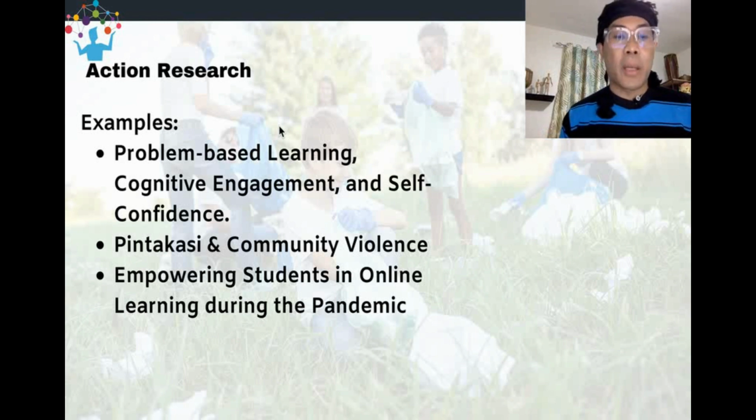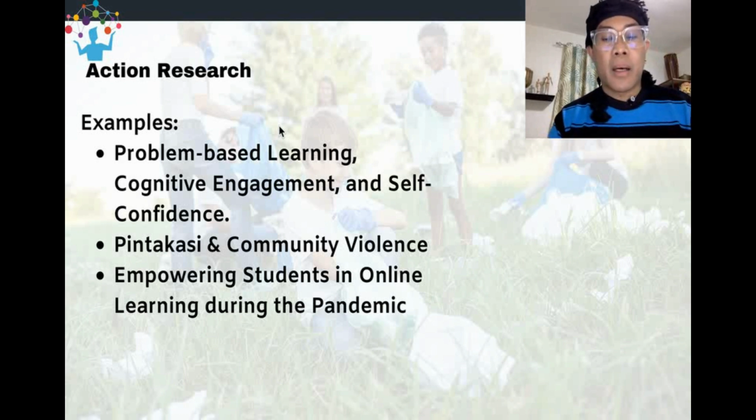So for example, you saw during your research that this is the problem of the children. So you come up with a solution, and your solution is problem-based learning. You would see for yourself, together in collaboration with the participants, the children or the teachers, how problem-based learning could possibly help the children.